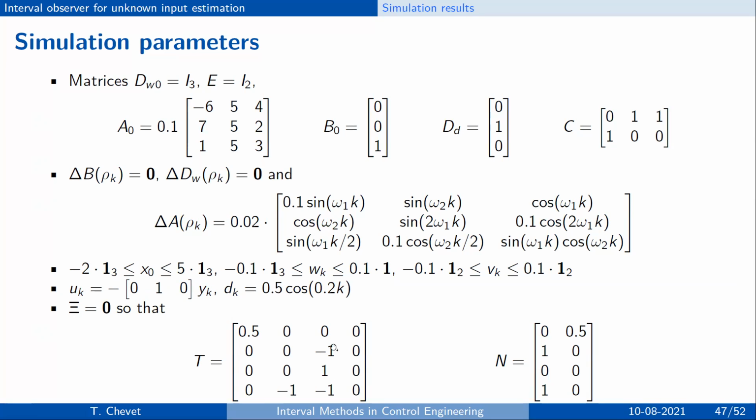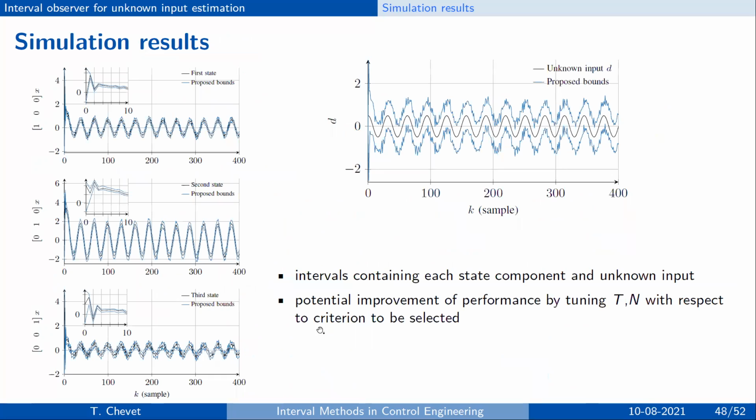We chose Xi to be 0, so that we have these matrices T and N. After tuning, we get these intervals for each component of the state vector and for the unknown input here. We did not compare these results with existing results because they are almost unknown using exactly the same assumptions as in our approach.